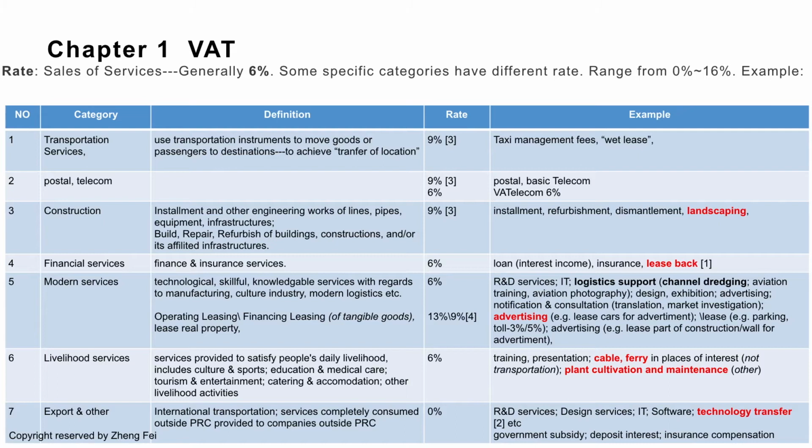And also, if each quarter the total income is less than 90,000, then the VAT is exempted. We will take a closer look at the difference between small-scale taxpayer and general taxpayer in detail in the next slides.